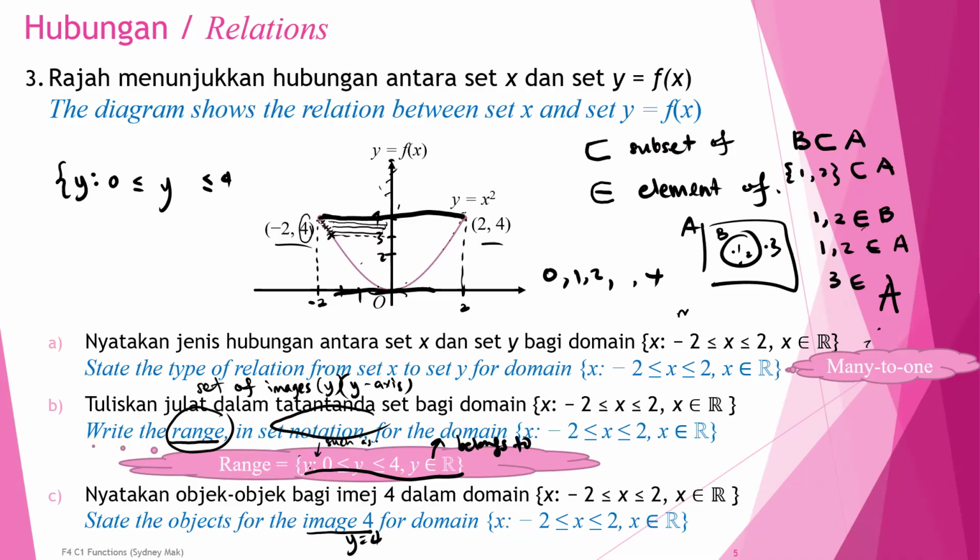You mean all the answers in between also acceptable? Then when your y is 4, what is the x value? What are the objects? Object means x. What are your x? 0 to 2. 0 to 2 means here.